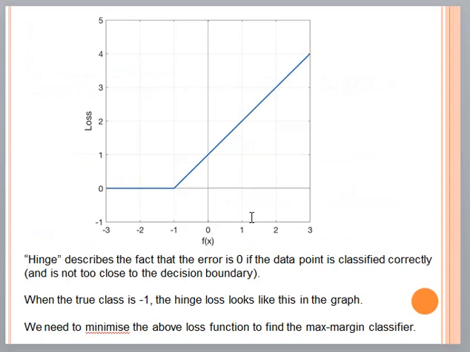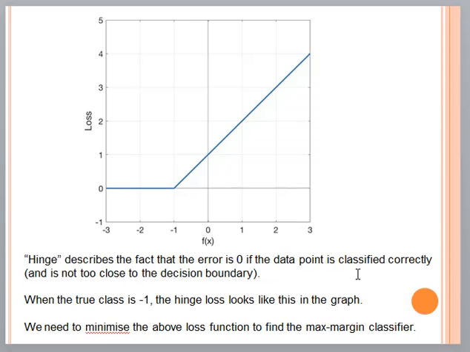If we understand it with its graph, you can see that the hinge function can be described here with the fact that the error is 0 if the data point is classified correctly, right? If the data point is classified correctly, it means that we don't have any misclassification, and that's why the error is 0, and we have a correct classification.